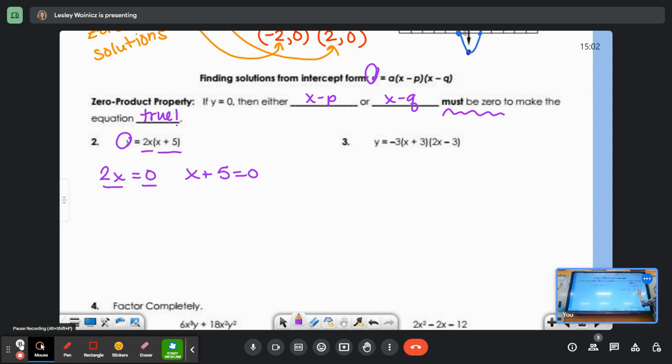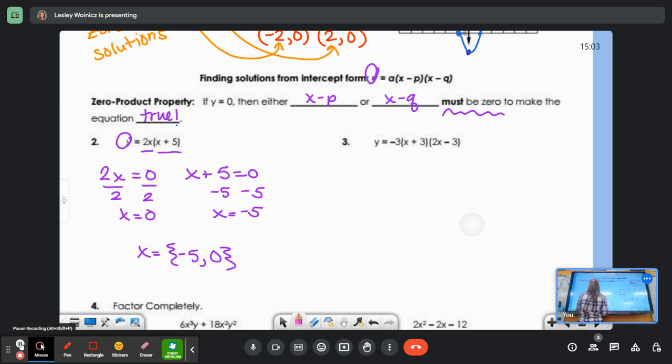Divide by 2, we get x equals 0. Subtract away the 5, we get x equals negative 5. Those are the roots. All coming back? Yeah.